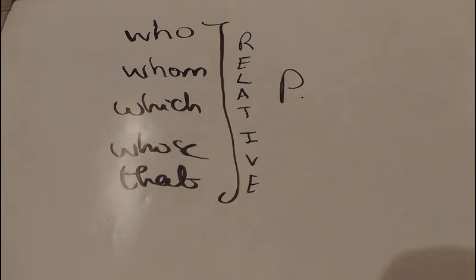So I need to review. Let's review together. As I said, who comes as subject and object, and whom as object. The formal usage is whom. Which is for things, and I explained and showed how it came as a subject and as an object. And I said that whose shows possessiveness, so whose is for possession and belonging, ownership.